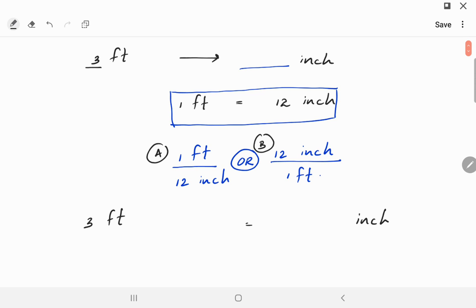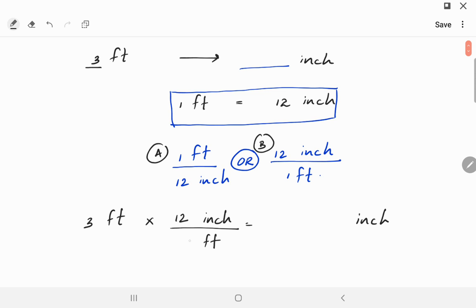We will use the conversion factor that has the units of our answer on top. So inches should be on top and feet at the bottom, and the conversion factor that matches this is going to be B. So we will use B to do this conversion.